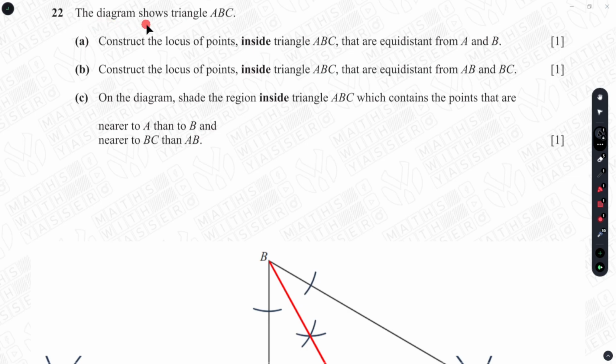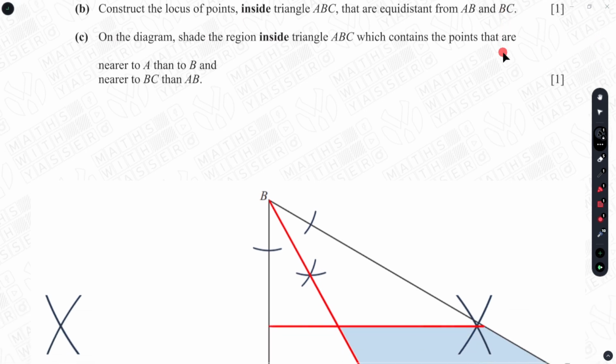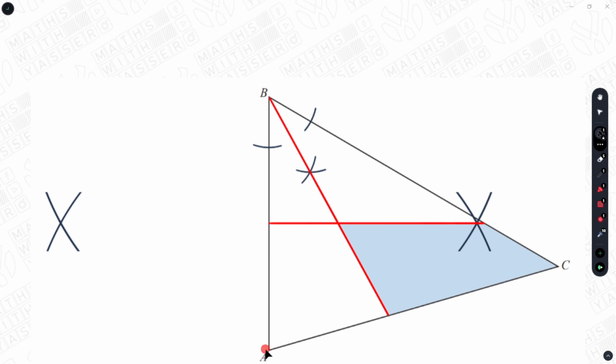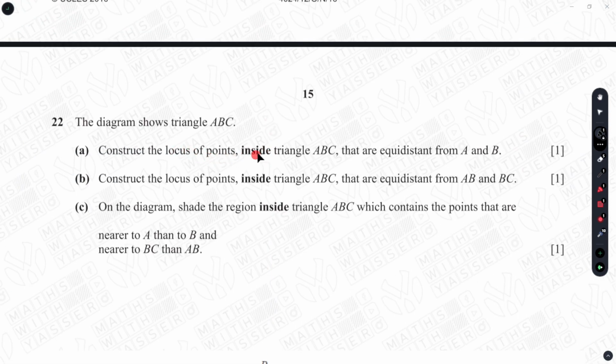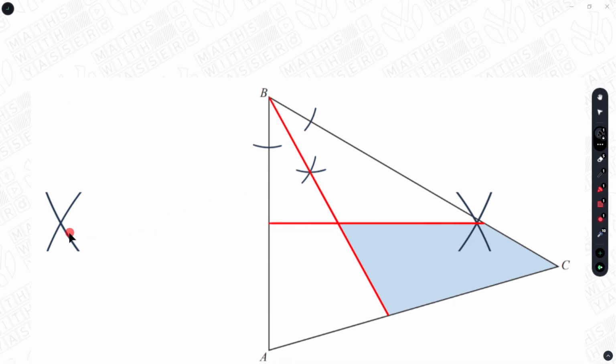Question number 22. The diagram shows triangle ABC. Construct the locus of the points inside triangle ABC that are equidistant from A and B. So for this, we have to do the perpendicular bisector by considering these 2 points A and B. And since it said that we have to find the locus of points inside triangle ABC, although these are the arcs that have been drawn to construct the perpendicular bisector, we must make sure that we do not draw our line of locus outside the triangle, because it's strictly mentioned that we have to draw the locus inside the triangle.